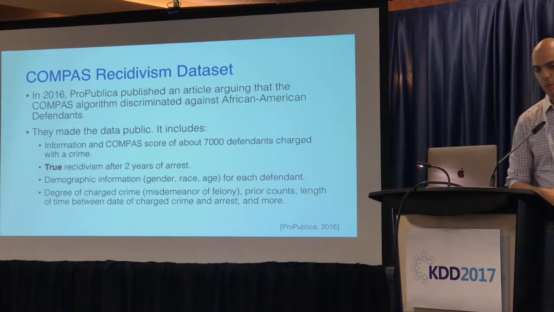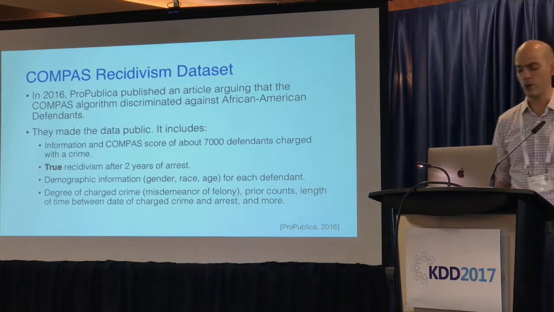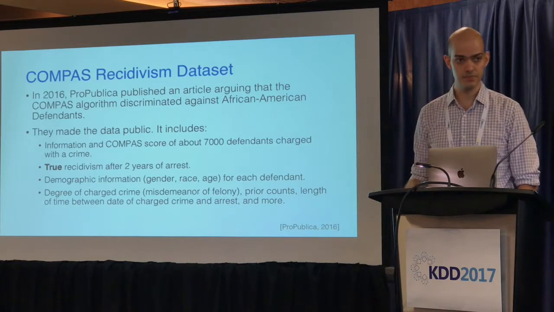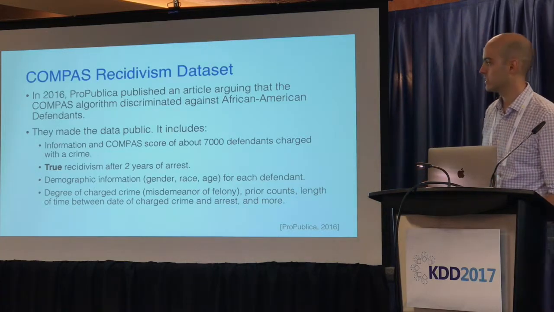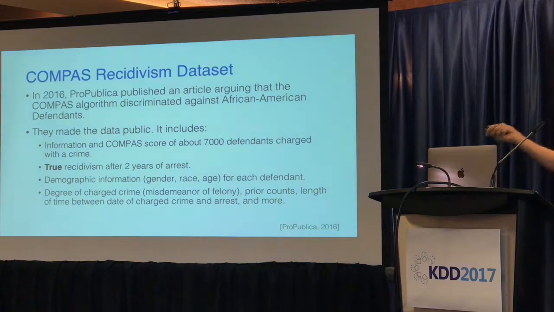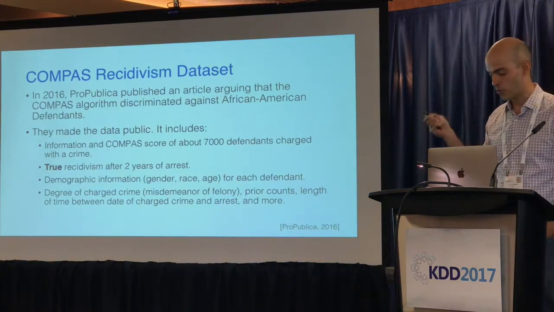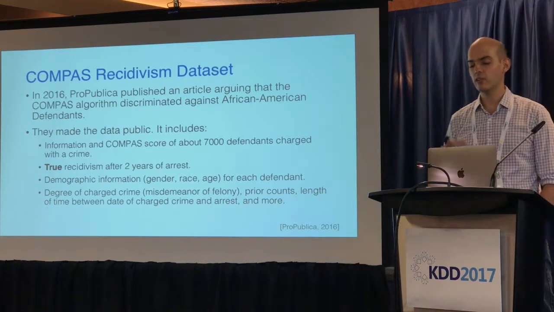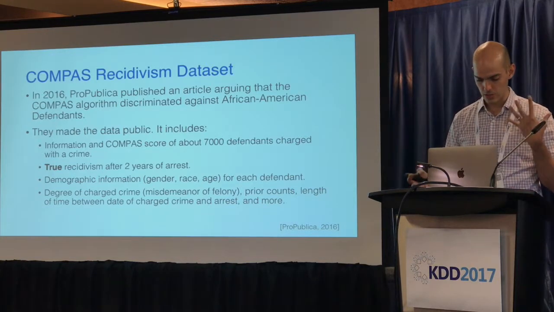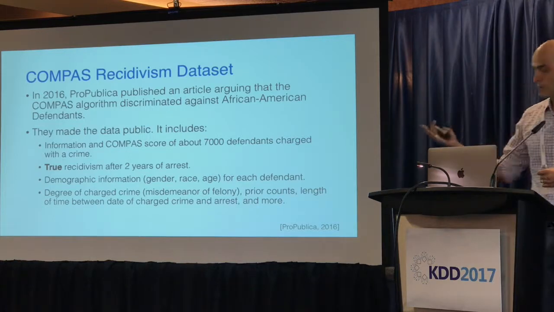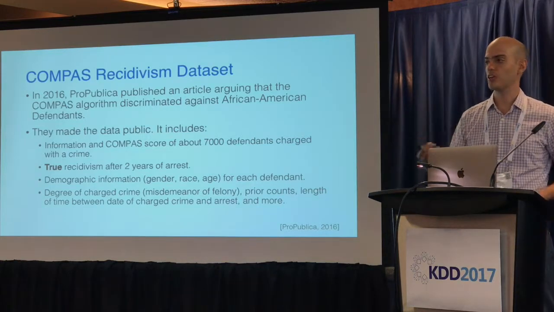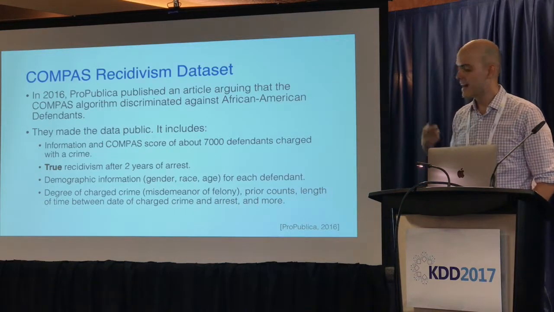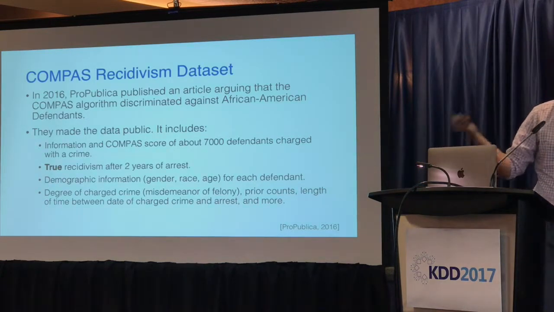So recently, ProPublica published an article where they argue that this algorithm is biased, particularly that this algorithm is biased against African Americans. And the way they did that is that they collected a bunch of data about COMPAS scores, about different defendants. They got additional data on their criminal records and so on, and did an analysis on that and made that data public.